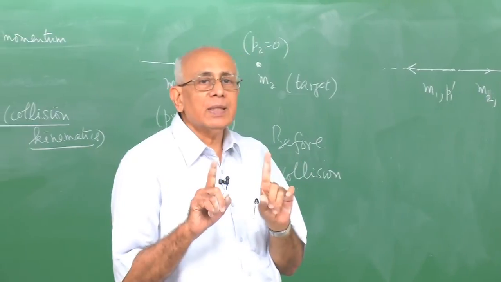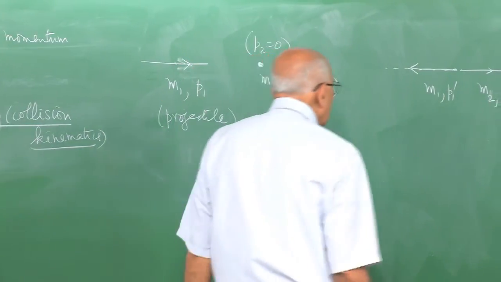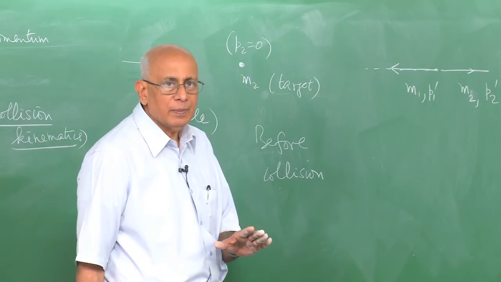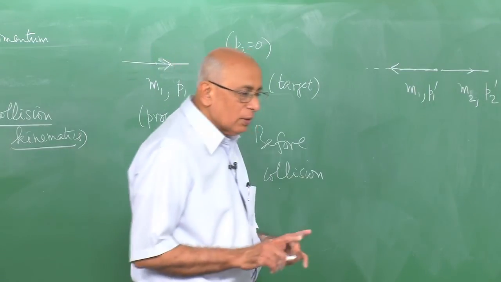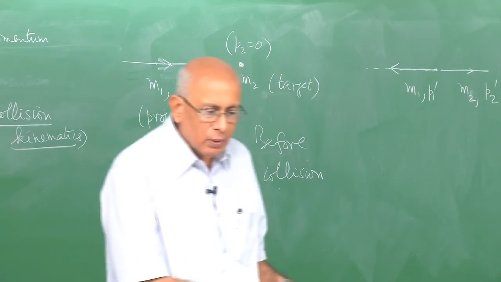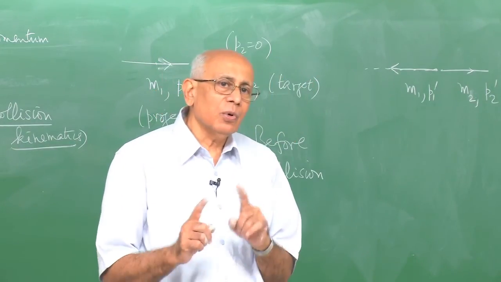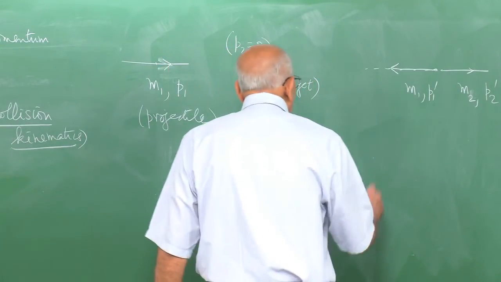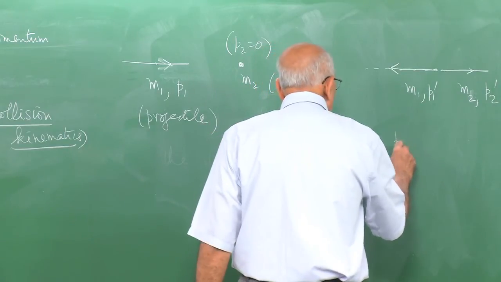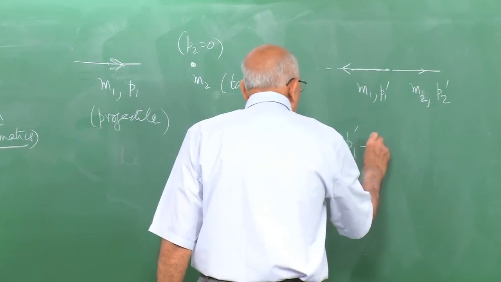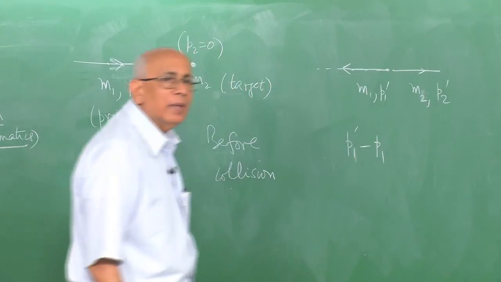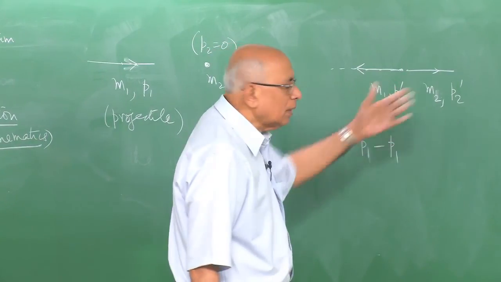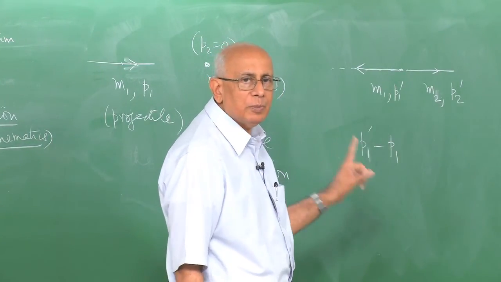We use Newton's third law, which says the rate of change of momentum is equal to the force on the body, right? Therefore we know that the force exerted by particle 1 on particle 2 is minus the force exerted by particle 2 on particle 1. Therefore we know that the change of momentum p1 prime minus p1, that's the change of momentum of the first particle. The change of momentum of the second particle is just p2 prime minus 0, so it's just p2 prime.